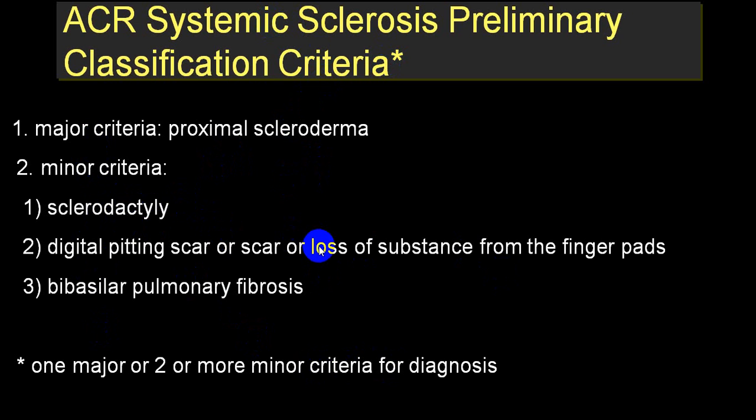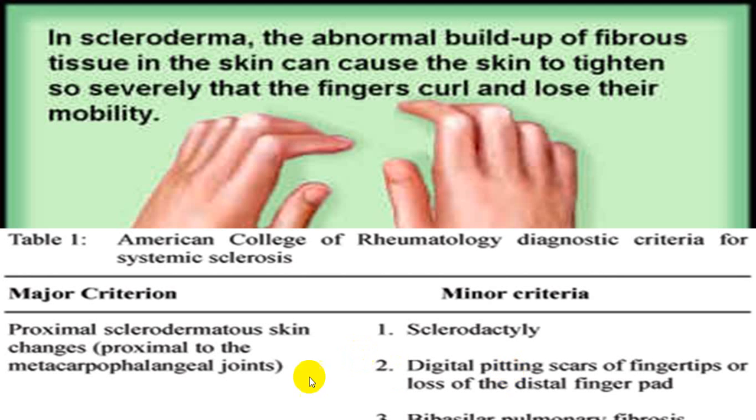We had this criteria, that is involvement of the finger, plus there was a little amount of sclerodactyly. So two minor criteria were there, and there was involvement of the skin, proximal scleroderma. So it was classical scleroderma. In minor criteria: sclerodactyly, pitting scar or loss of digital pads, and bibasilar pulmonary fibrosis.